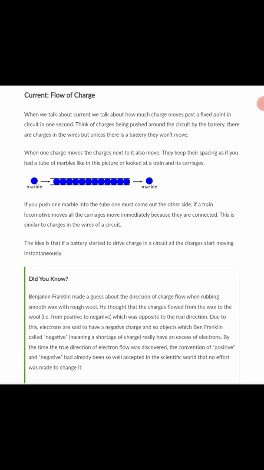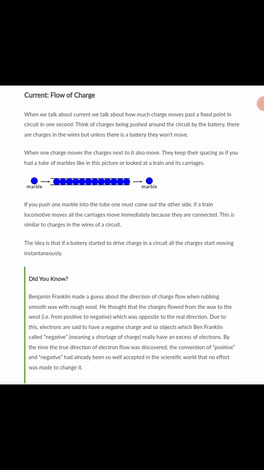But in practicality, reality, analysis, experiment, we see that charges move from the negative side to the positive side. So if you say both statements, you're correct.